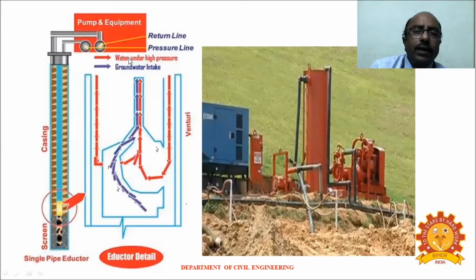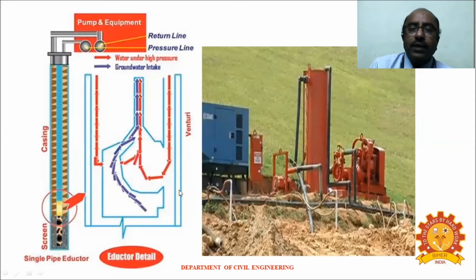The red line shows the water at high pressure, and the blue line shows the groundwater. This red line shows the water ejecting from the nozzle, and because of that, a vacuum is created here, so that the groundwater is also sucked and sent along, thereby you are able to pump out the water even from the fine grained soils.